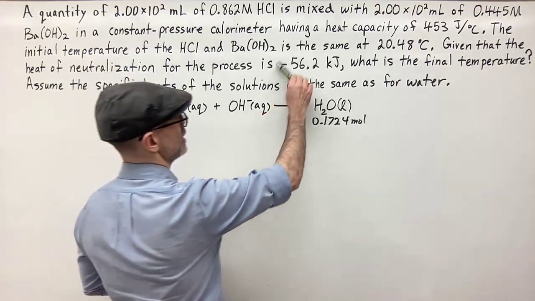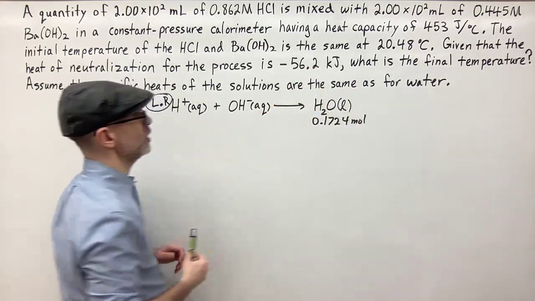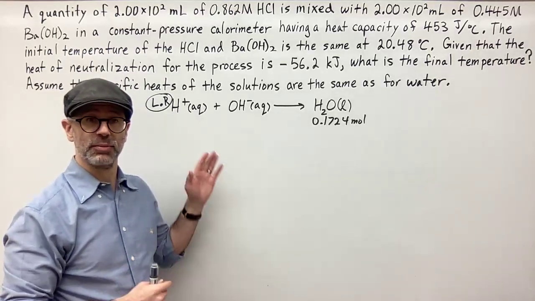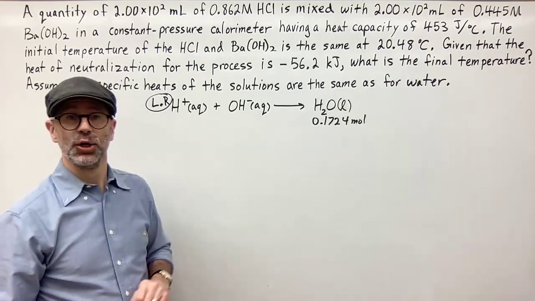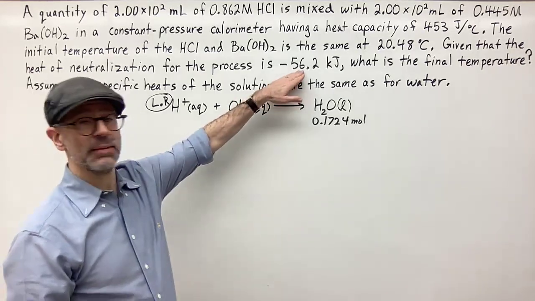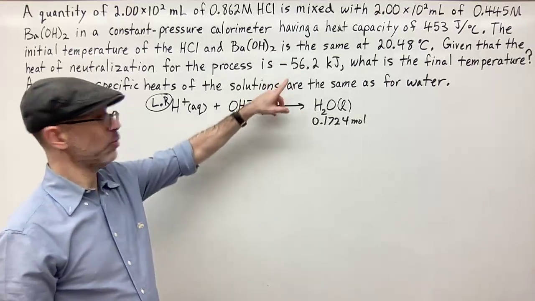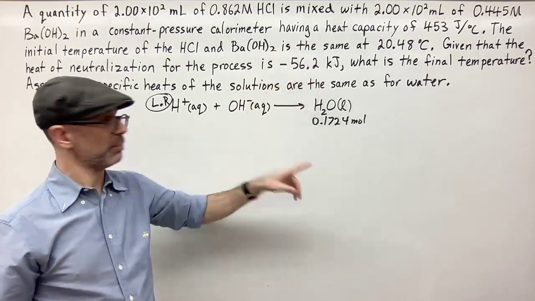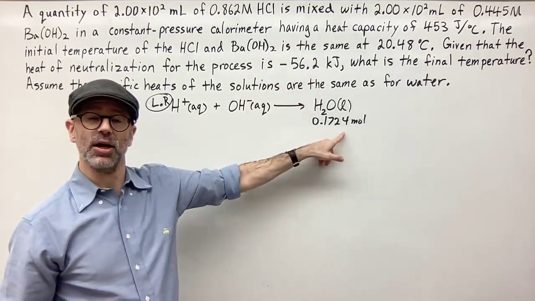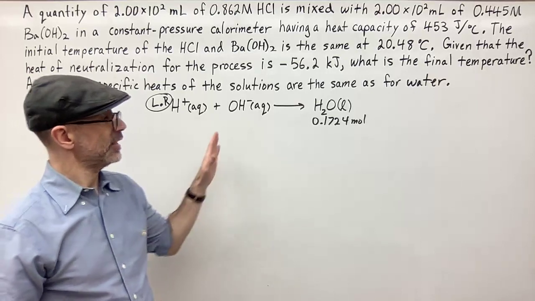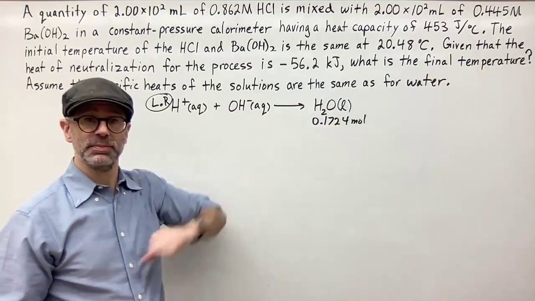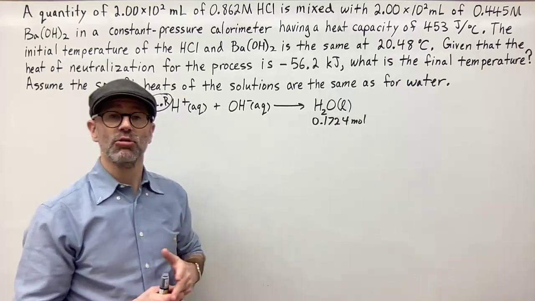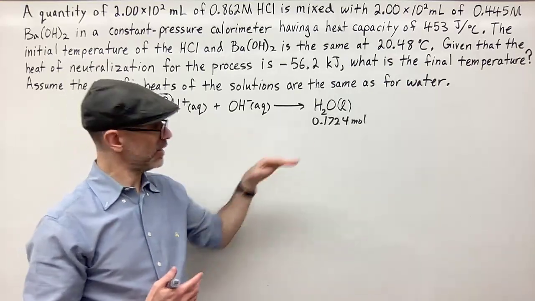We said that this is the amount of kilojoules that's produced from the reaction process, from this neutralization reaction. This is the amount per mole. So if we were to produce 1 mole of water, then this was the amount we would get. But we didn't produce 1 mole of water, we produced this amount. So we need to calculate the delta H for this particular reaction. How much heat was actually released by this reaction.